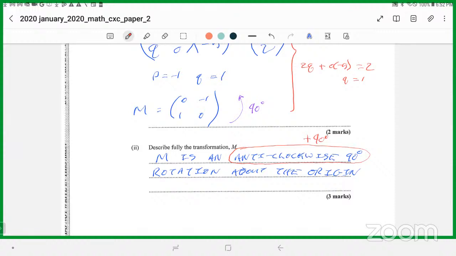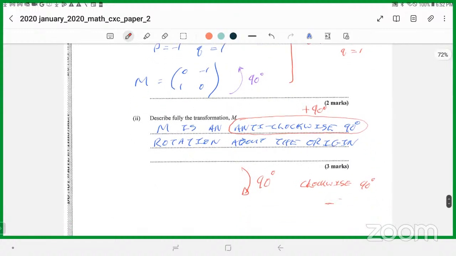Clockwise rotation is negative. So if a rotation is clockwise 90 degrees, instead of saying clockwise 90 degrees, you could have said minus 90 degrees, because clockwise rotation is negative. In CSEC you have to get your marks, but if in doubt, use clockwise and anticlockwise.